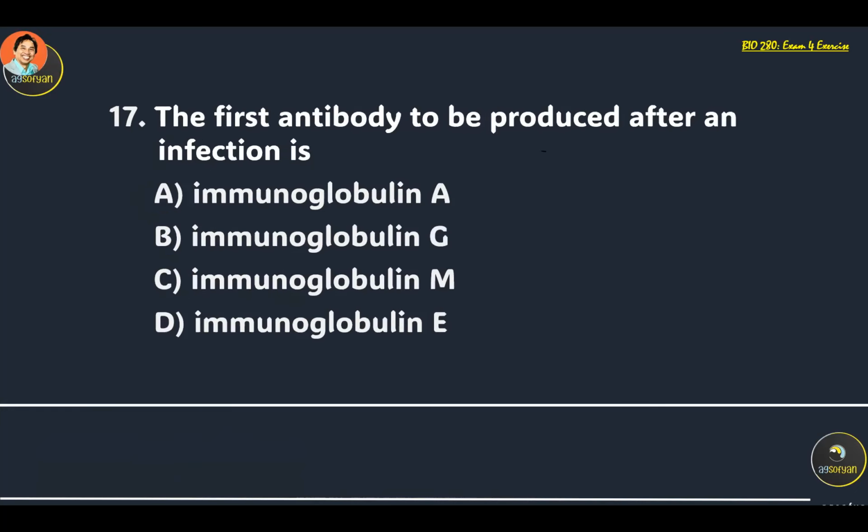The first antibody to be produced after an infection is A, B, C, or D. Antibodies, or immunoglobulins, or Ig, come in 5 types. The most abundant one is IgG. The second one is IgA.